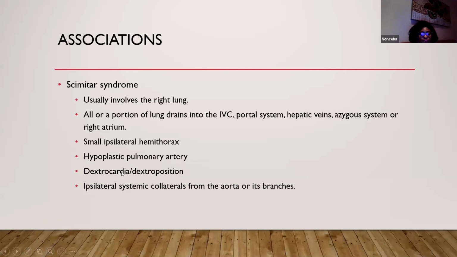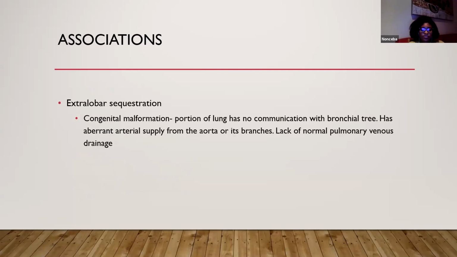And then you get ipsilateral systemic collaterals from the aorta or its branches, which I've already mentioned. Another association which we thought this patient to have from our CT is an extralobar sequestration, where there is a congenital malformation of a portion of the lung that has no communication with the normal bronchial tree, and usually has an aberrant arterial supply from the aorta or its branches.